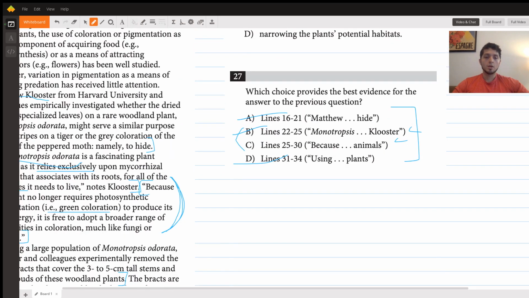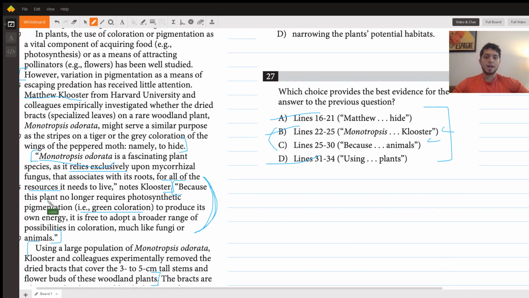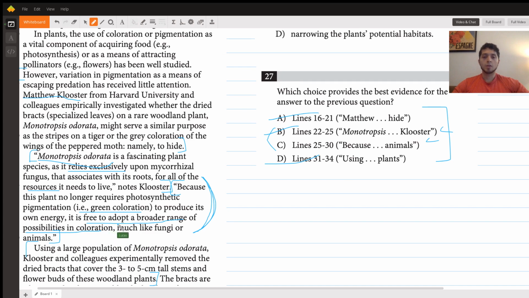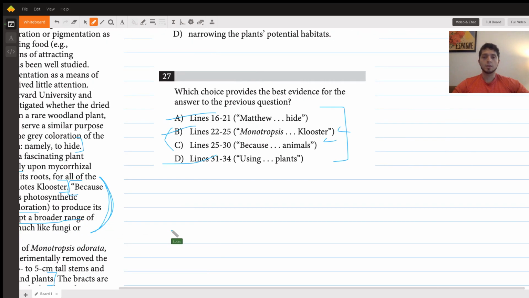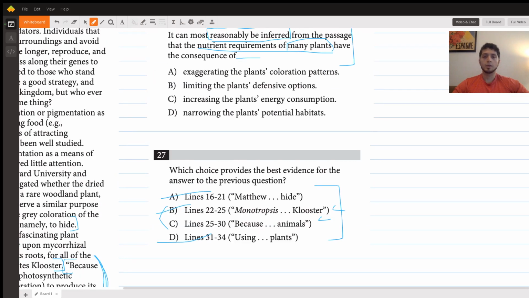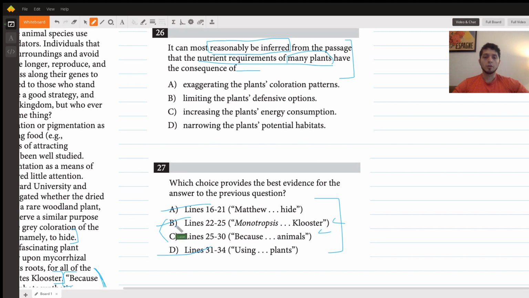So one more time, what C basically says is that it's singling out this plant because it doesn't require photosynthetic pigmentation. And what it says is that that plant is free to adopt a broader range of possibilities in coloration. So this tells me that other plants have to adopt a more narrow range of possibilities in coloration. So we're looking for something about how many plants need a more narrow range.